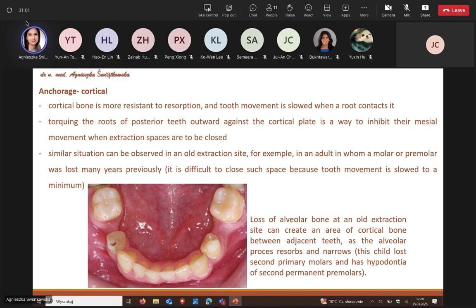So we observe that the crown goes forward and closes the space, but the root goes in the opposite direction. So it's not bodily movement. So we don't achieve correct contact between the first premolar and first molar.